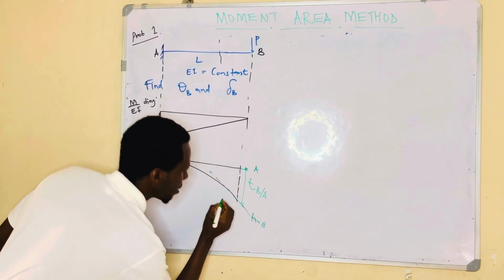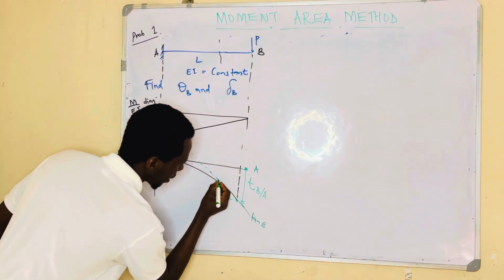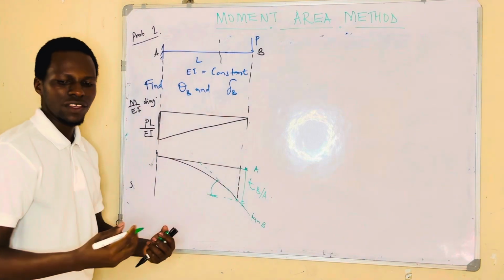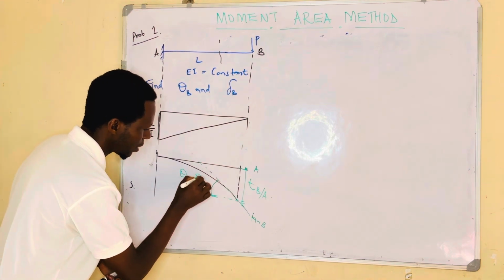So at this point, with respect to this, this part here is what I'm calling the change, theta B minus theta A.